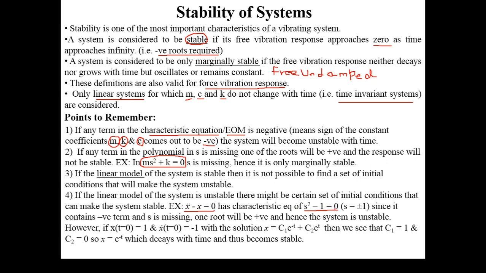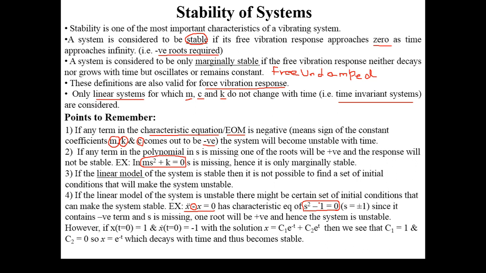So s squared minus 1 equals 0. This gives us roots s equals plus or minus 1. Now you can observe that the characteristic equation and the equation of motion have a negative coefficient, and also a term in s is missing in the characteristic equation.